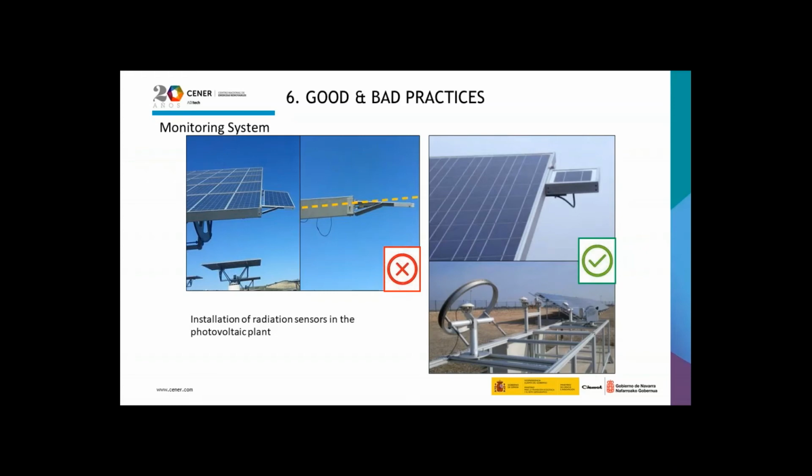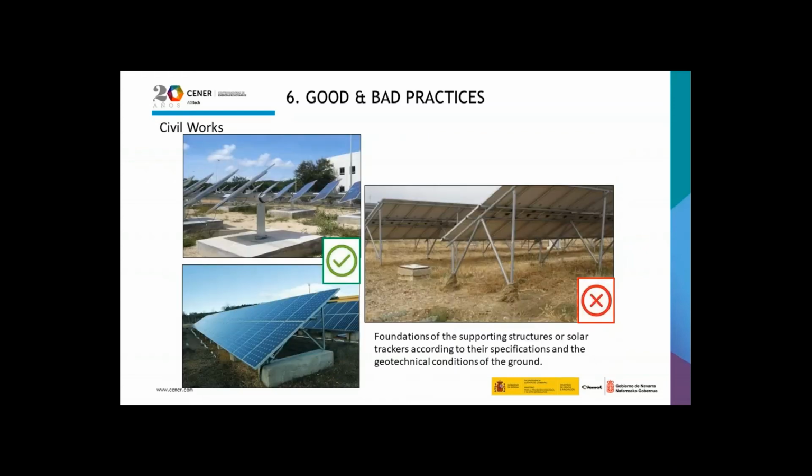Placing the sensors of the monitoring system, especially the irradiation sensor, must be done in an adequate way in order to obtain adequate data for further analysis. Related to the civil works, foundations of the supporting structures or solar trackers must be done according to their specifications and the geotechnical conditions of the ground.